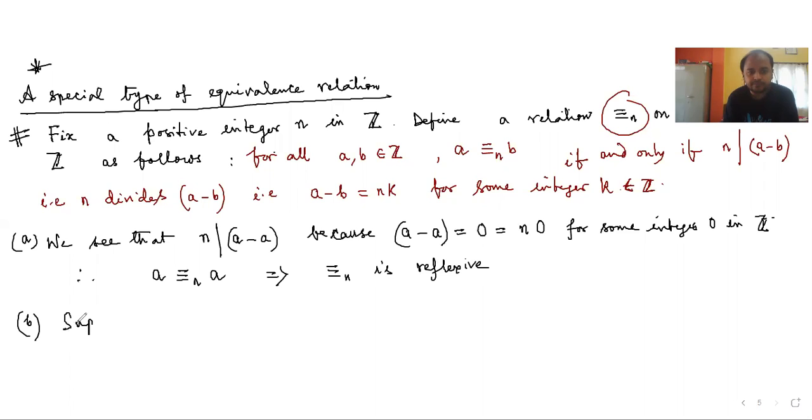Number 2, suppose a is related to b, which implies n divides a minus b.